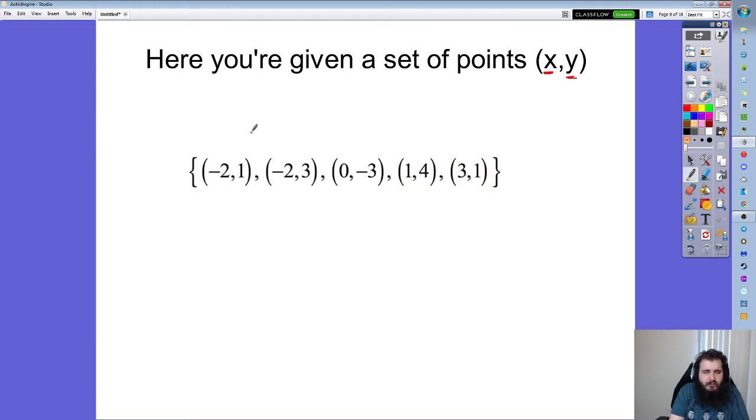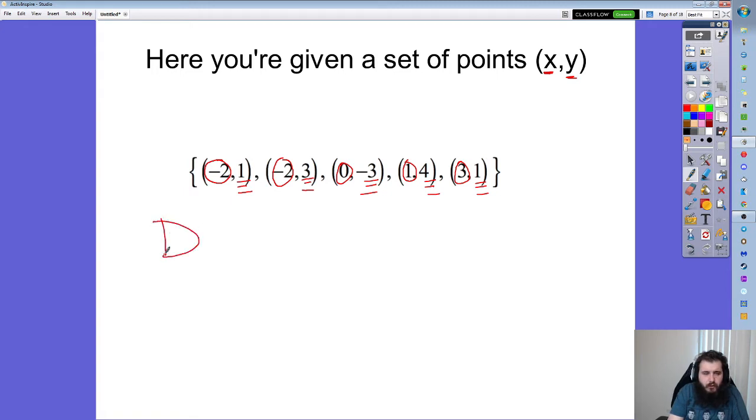So, sometimes it helps to circle the x values just to call attention to them. You could separately underline the y values so that you know that it's a different thing. And again, I want to point out, notice -2 came up twice.